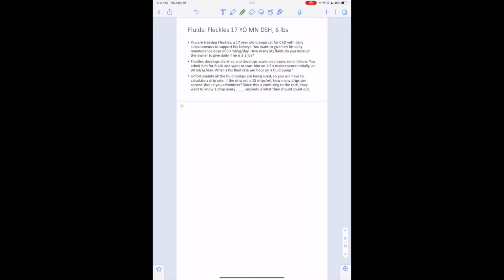Okay, so now in question 2 we have Fleckles. I'm going to be using the 5.2 pounds that's in the actual question. So 5.2 pounds times 1 kilogram has 2.2 pounds in it. Your pounds cancel and you're left with 2.3 kgs. Your daily maintenance dose of fluids is 60 milliliters per kg per day.